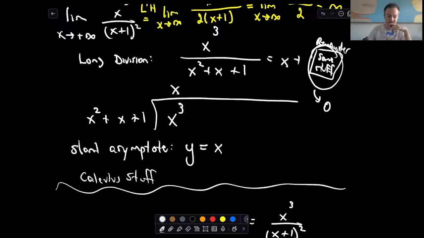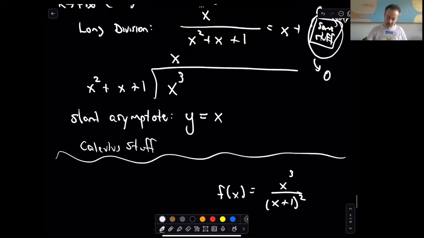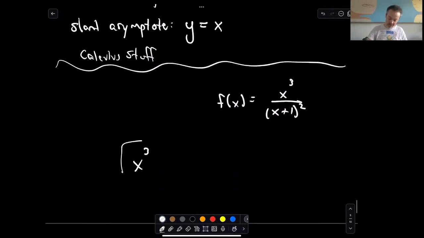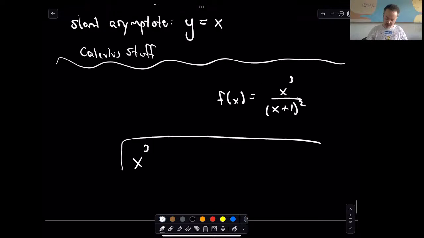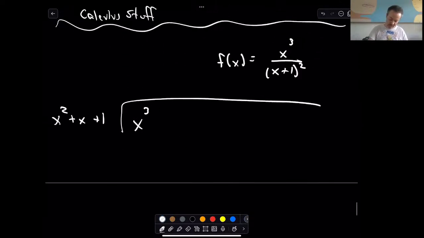Let's do it. I'm going to do the long division real quick, just because now I'm concerned. So we've got x to the third divided by x squared plus x plus 1. Let's do it. I'm going to fill in some placeholders because I like to do that.